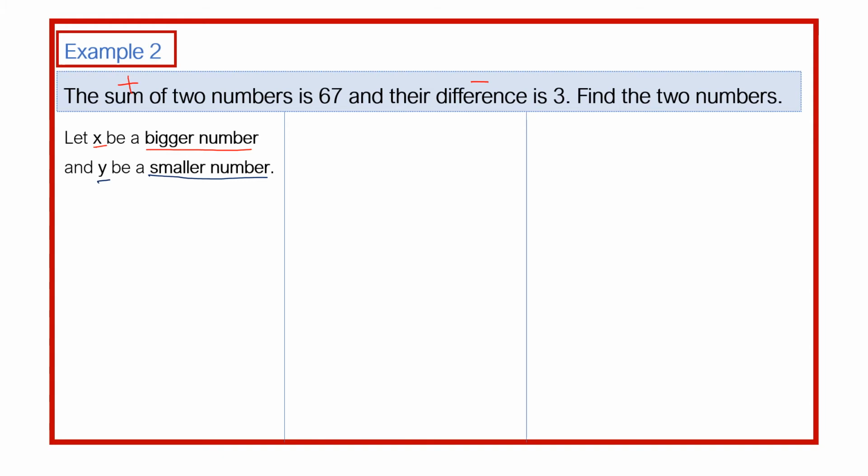So, the sum of two numbers is 67. So, if the big number is x, the small number is y, their sum is 67. Their difference is 3. The big number is x minus the small number, which is y. So, we get 3.